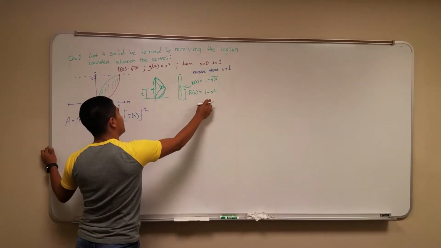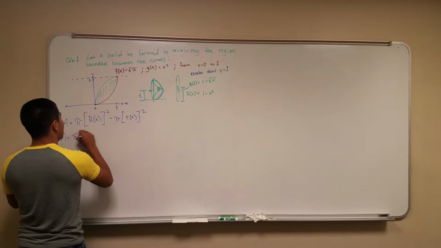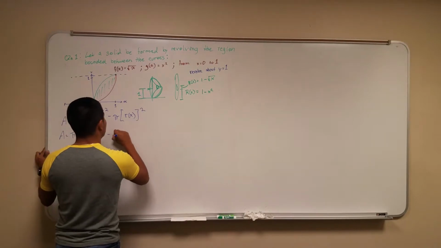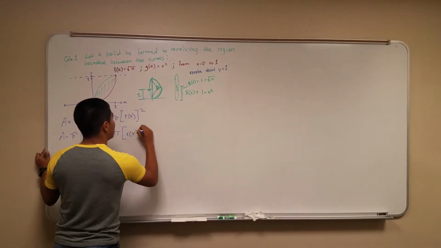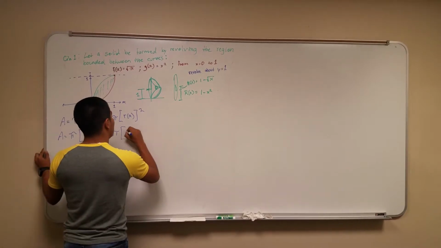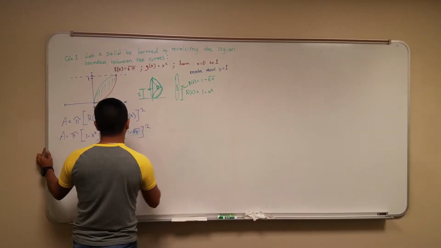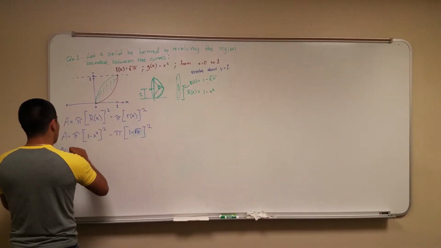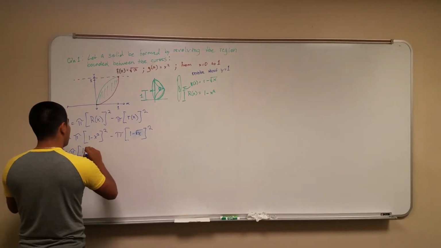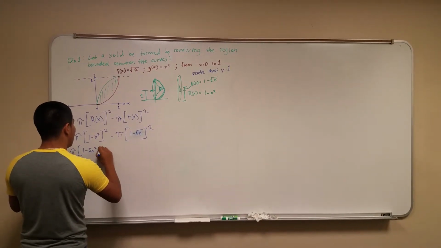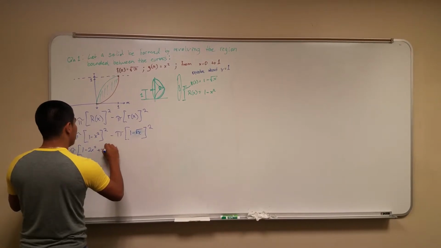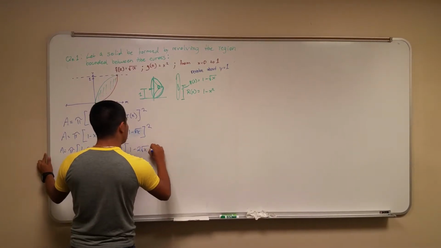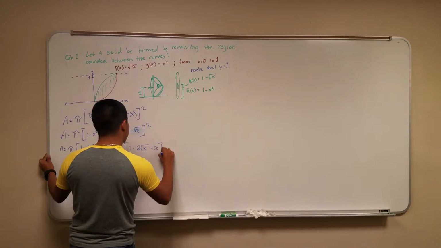Then we can replace these equations into this, which will give us A is equal to pi times (1 minus x squared) squared minus pi (1 minus the square root of x) squared, which if we expand these out will give us A is equal to pi (1 minus 2x squared plus x to the 4th) minus pi (1 minus 2 square root of x plus x).